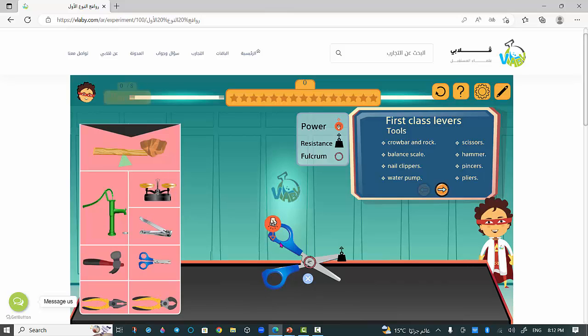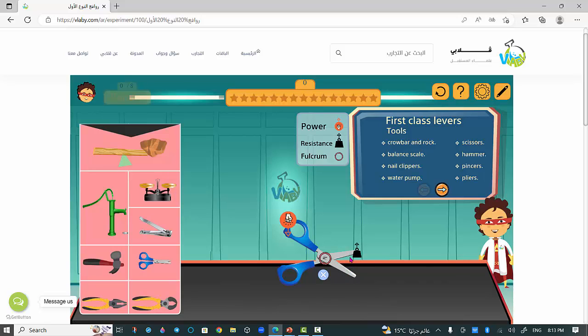What I'm cutting is where? Here. So this metal piece is called resistance force. Okay, what I'm working on? Where is the object that I'm working on? Here. So this metal piece of the scissor is going to cut for me what I want to cut.